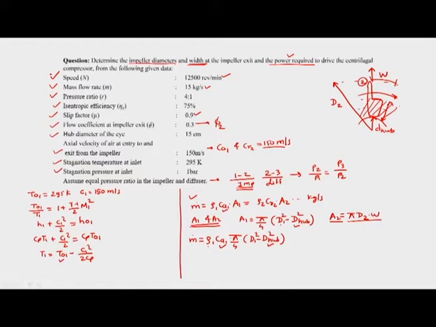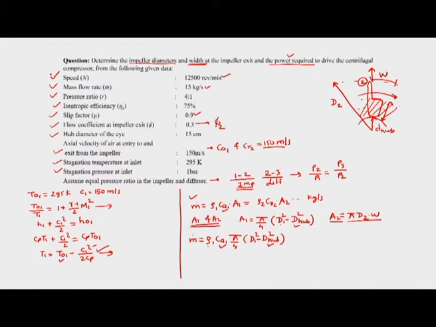Here T01 is 295 Kelvin, C1 is 150 meter per second, and Cp for air is 1.005 kilojoule per kg Kelvin. This gives T1 directly without solving a nonlinear equation as we would have done here. So these are the two methods by which we can find T1.